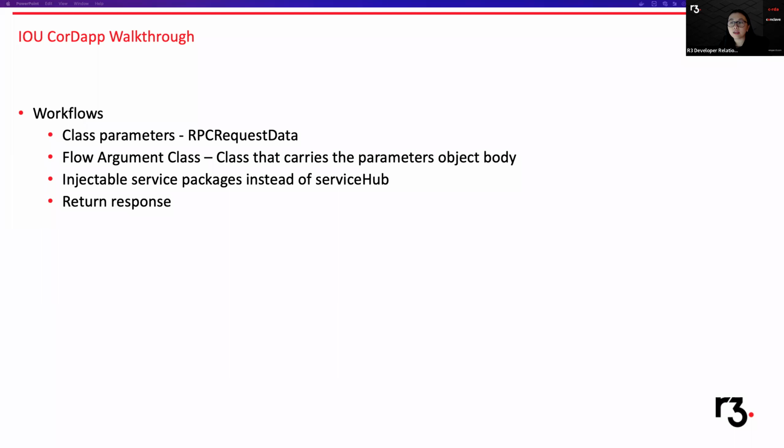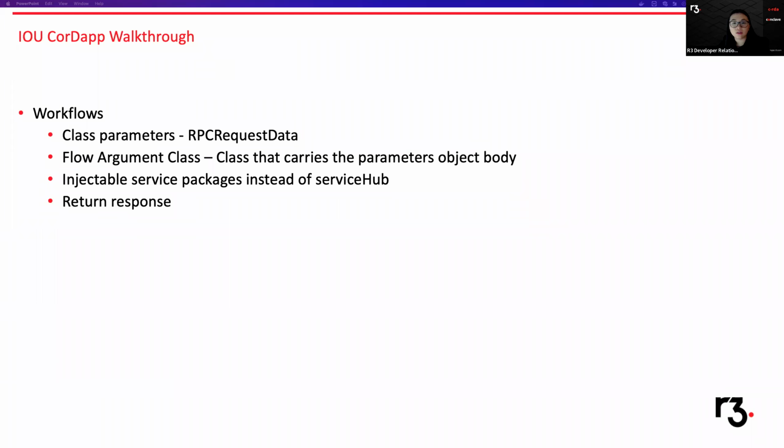And lastly, the main difference is the return response. In Corda 4, a lot of the time when we write a flow, most of the flows return a signed transaction maybe. And signed transactions aren't always very useful in terms of thinking about the outcome of the workflow. It's just not that nice to work with compared to a proper return response.